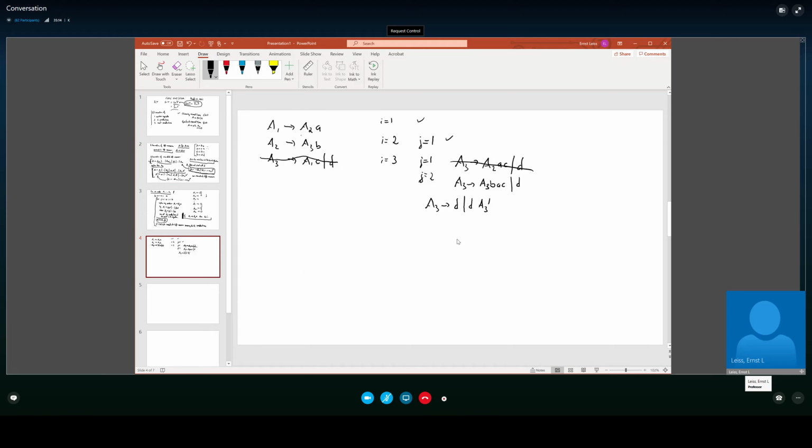In this case, this is our beta, it doesn't start with A3, and the alpha is BAC, because this is A3 followed by that alpha. So we have beta, which is the D, or beta followed by A3 prime.